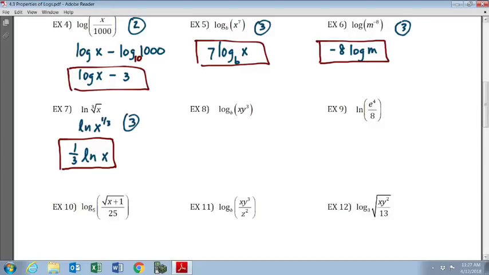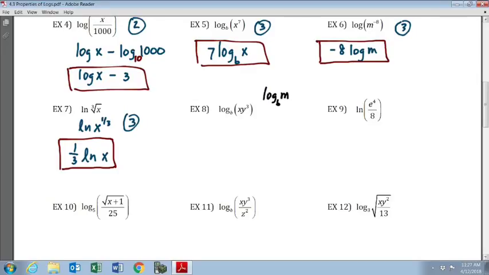Now let's look at number 8. Now we've got a product, x times y cubed, and we've got a power, y cubed. Now the 3 only applies to the y, not the x, just the y. And so the question is, which property do I use first? I'm either going to use the power rule or the product rule. Does it even matter which one I use first?